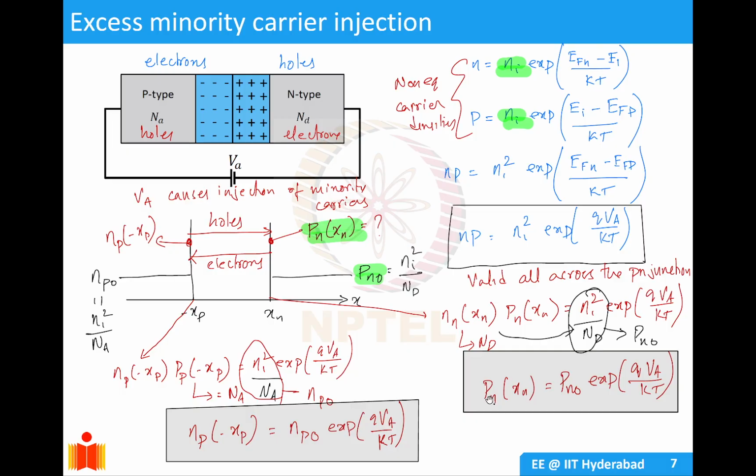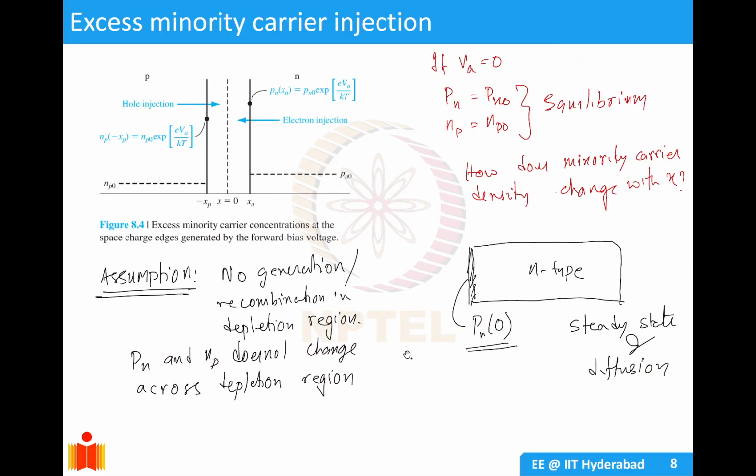So you can see here the excess minority carriers at the edges of the junction: np at minus xp equals np naught exponential qVA by kT, and pn at xn equals pn naught exponential qVA by kT.